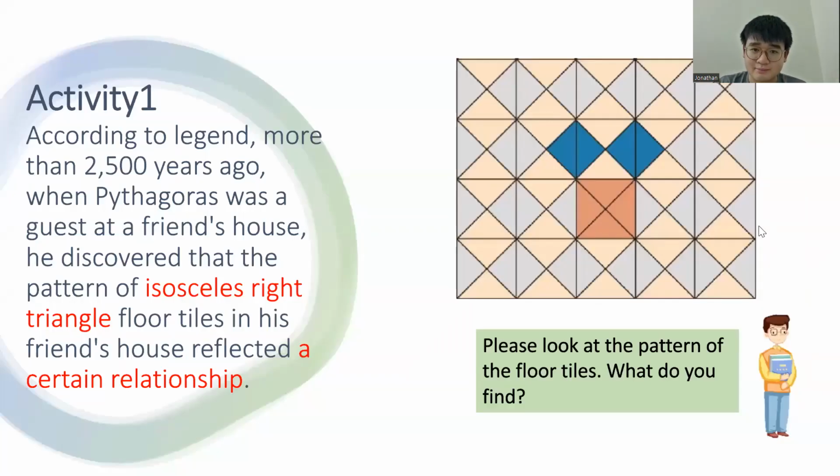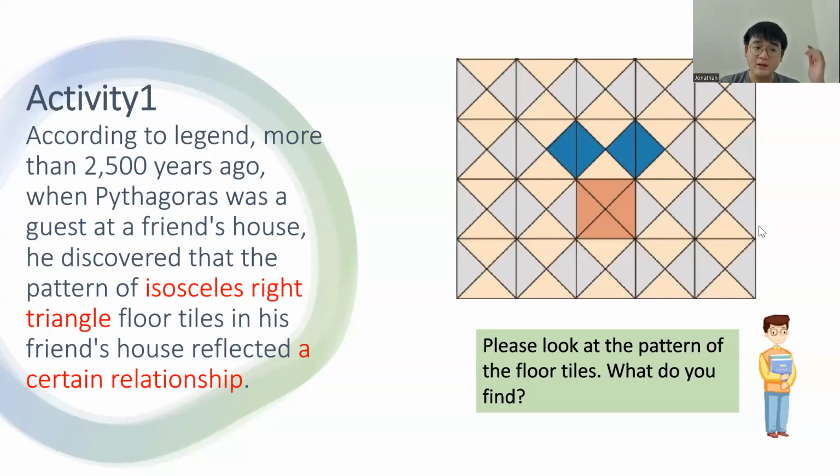So next one, we look at activity one now. For this activity one, it is about a story. We are going into the next part already, because the first part is only to determine what the hypotenuse is. Now, after you have seen some examples, you already know the hypotenuse. We are going to look at the Pythagoras theorem.